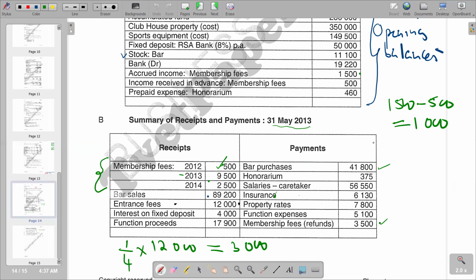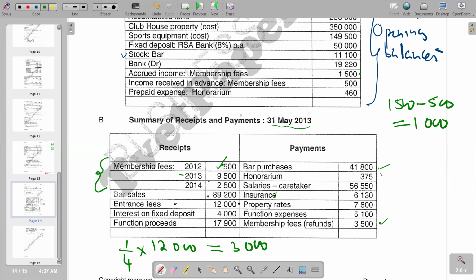As we say, what belongs to that period should be recorded in that period, whether paid or not. So if we pay something that doesn't belong to this period but to the next financial period, it becomes a prepayment, or something paid in advance. So we have to subtract it since it doesn't belong to this period. In this case, we are only told that this was the amount that was paid, but it doesn't mean it belongs to that period.